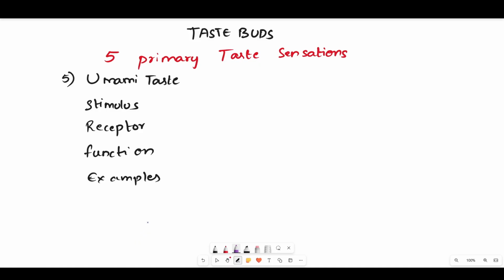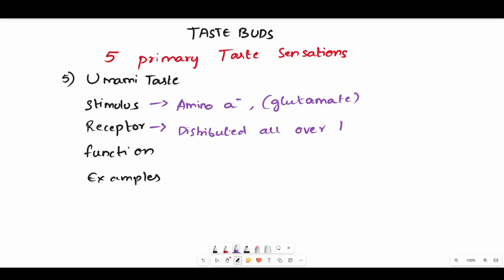Coming to the last type of taste, the umami taste. Here the stimulus is amino acids like glutamate. These receptors are distributed all over the tongue.